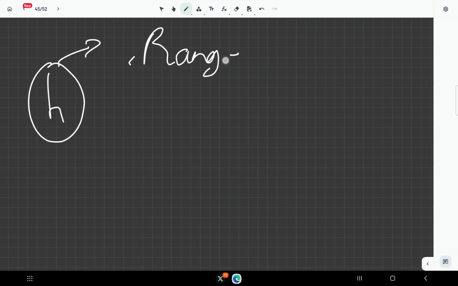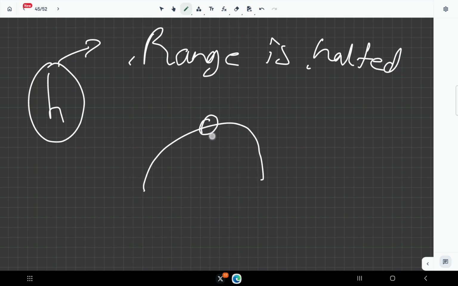Now the maximum height H. This point is reached when the range is halved. That will be the tip of our inverted parabola. So we just half the range, or what we can do is start from the first.